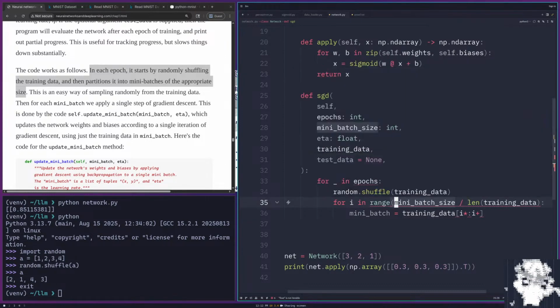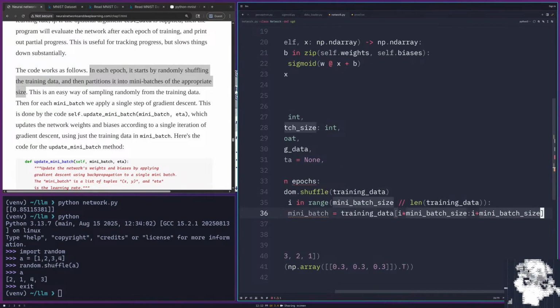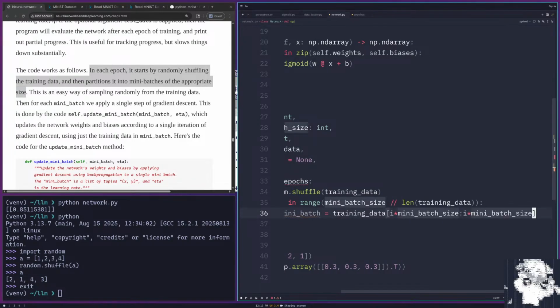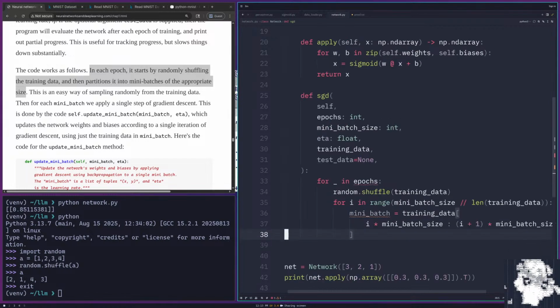What am I doing here? Range this, and do an integer division, up to i times mini batch size, i plus 1 times mini batch size.